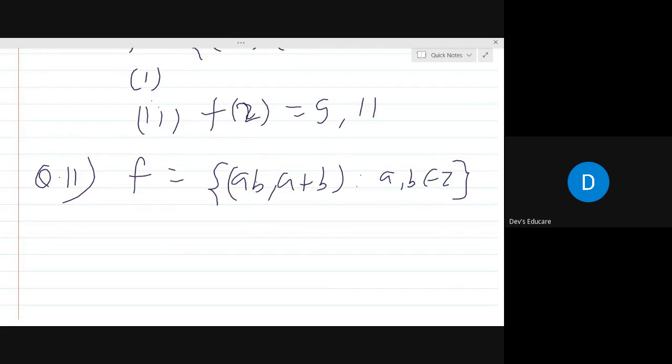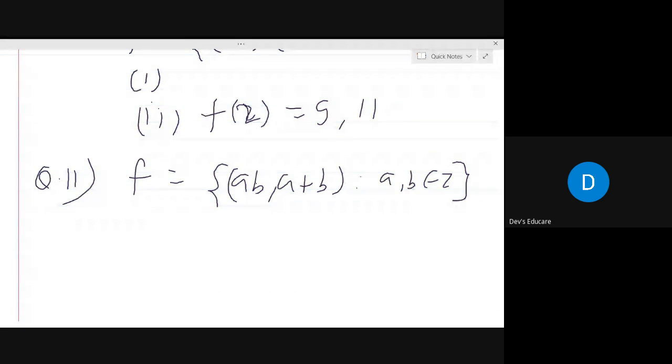Muskan, can you suggest some value of a and b such that they disprove the function? Yes, sir. Example.